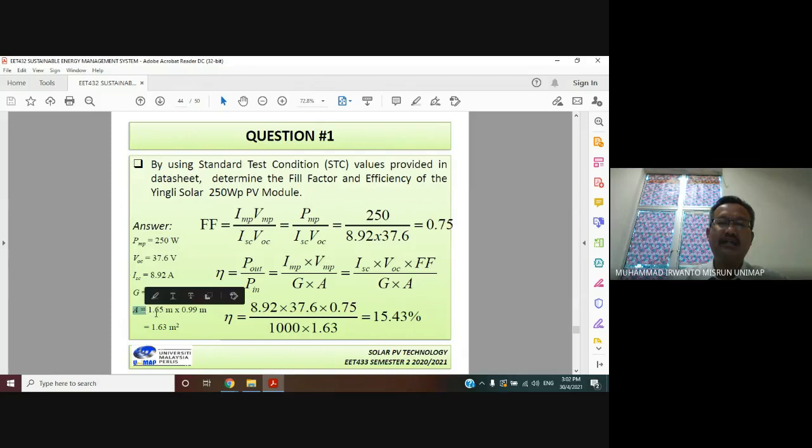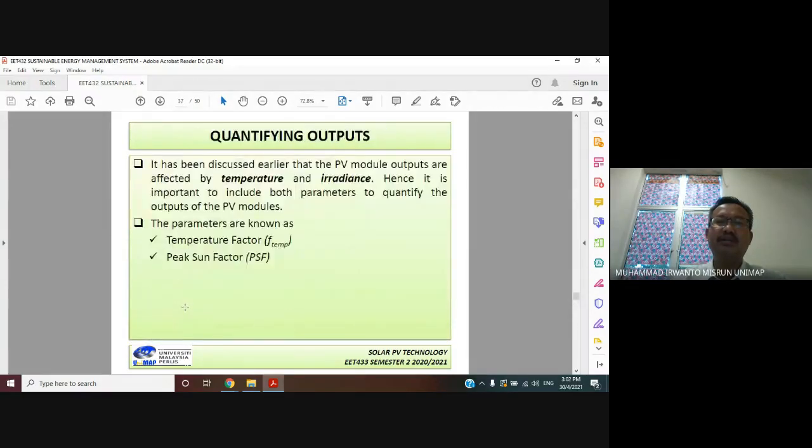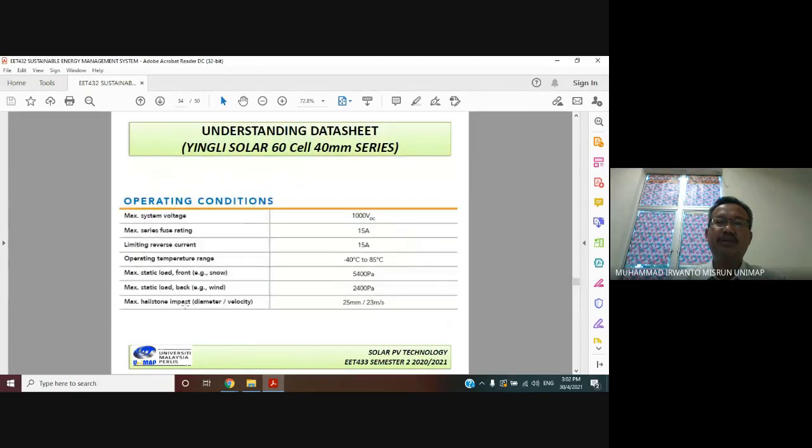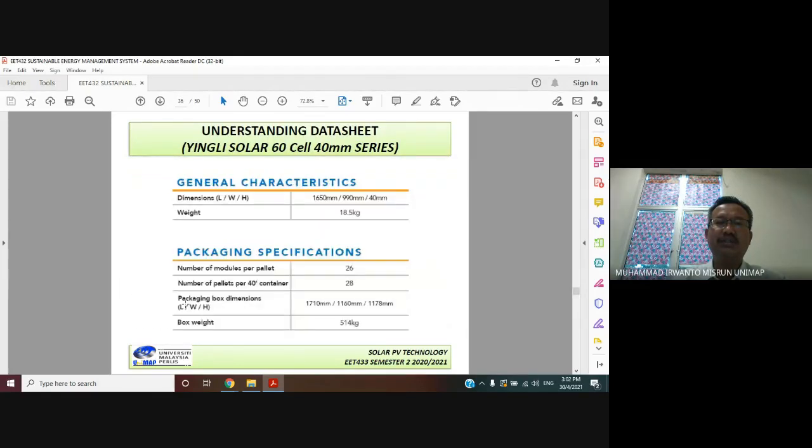From the datasheet here, we can obtain the area: 1.65 meter multiplied by 0.99 meter, from the dimension of the Yingli PV module, length and width. 1650 millimeter or 1.65 meters, and 990 millimeter or 0.99 meter.